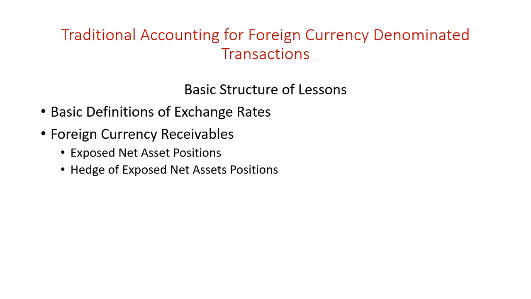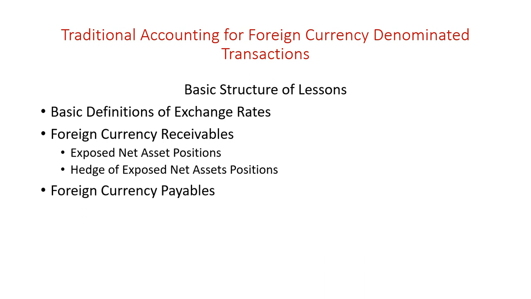I'll give you an example using a worksheet of what an exposed net asset position is, which is basically when you sell something on credit to an overseas firm, and they can settle the receivable in the foreign currency. That means the value of the receivable is dependent on the exchange rate. But you can hedge. The word hedge means eliminate or minimize the risk. You can hedge the fluctuations in the receivable due to the exchange rate by undertaking what we call a forward contract, which we'll talk about later.